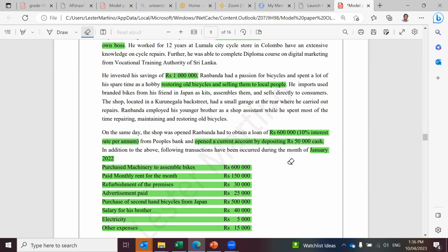What's the answer? I need an answer from you all. Any guess? What is the cost of the machine or non-current assets? Yes, very good. 600,000. It's represented here.